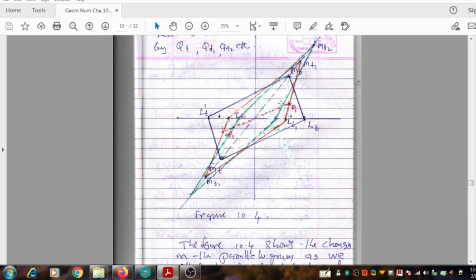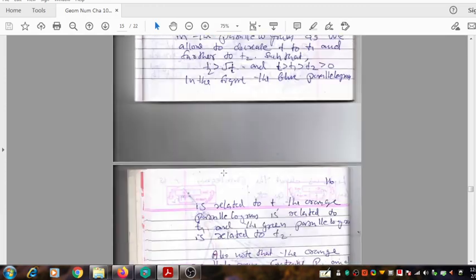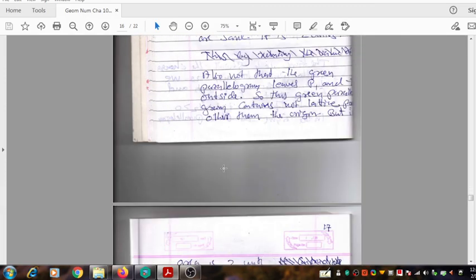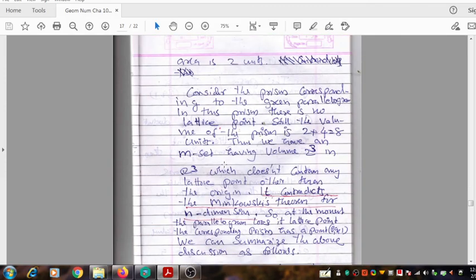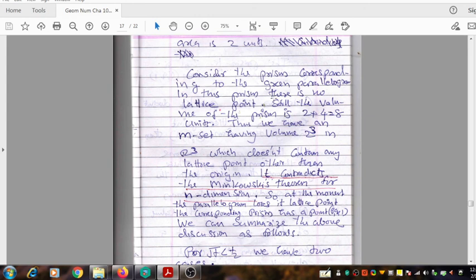We take our attention to the prism which exists corresponding to the green, the blue, the orange parallelogram. Consider the prisms corresponding to the green parallelogram.